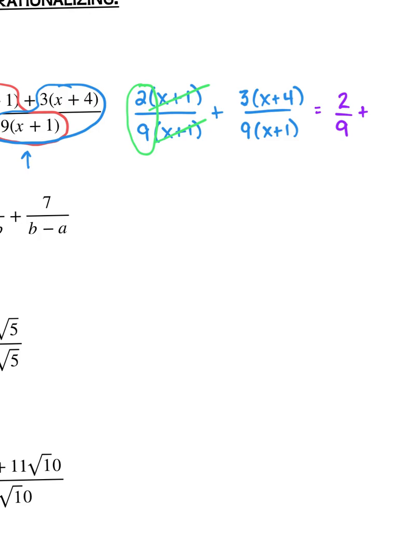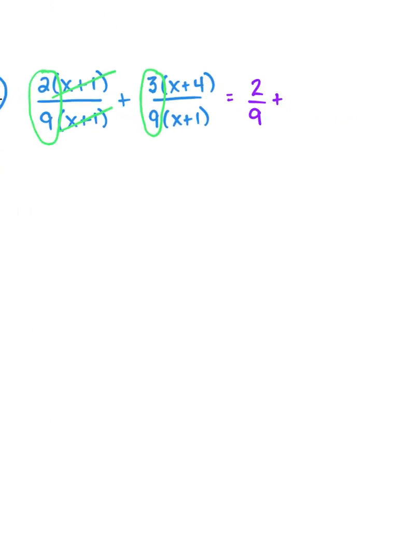What I do see that I could do is I could work with the 3 and the 9 out front. And I can't cancel them completely, but 3 over 9 we know reduces at least a little bit. So as part of my final answer, I'm going to turn this into a 1/3 instead of a 3 over 9. And then my parentheses are going to stay the same. So x plus 4 here and x plus 1 here.